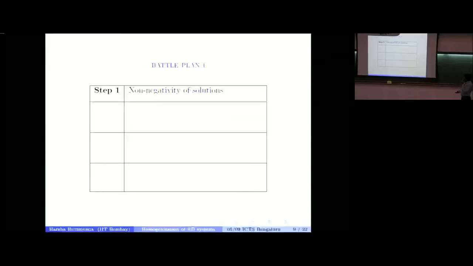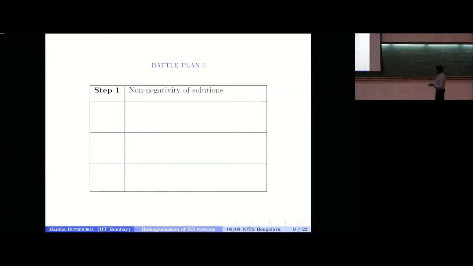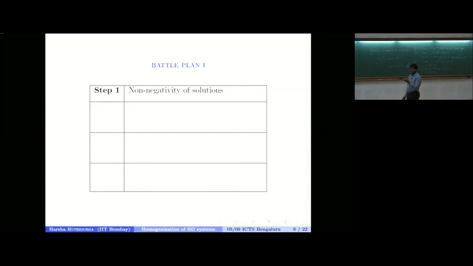First, we will show that if you start with non-negative initial data, your solutions stay non-negative. And that's very important because you're treating these as concentrations of your chemical species, and there's no meaning in having negative concentrations. So if you start with non-negative data, you should stay non-negative. So that's something we will prove.